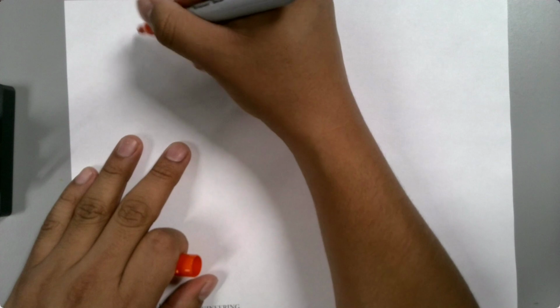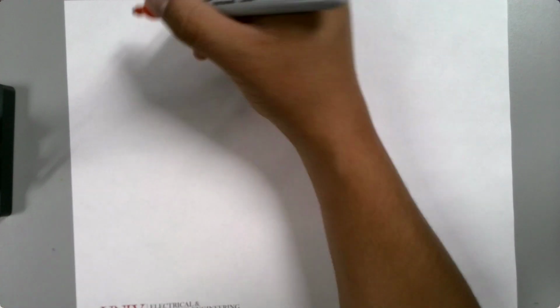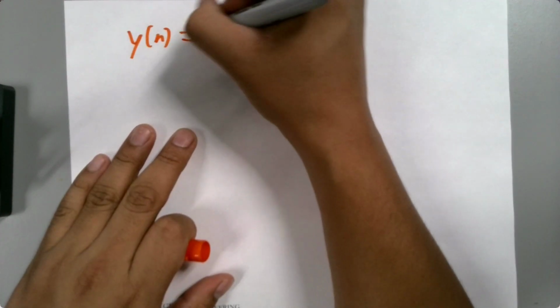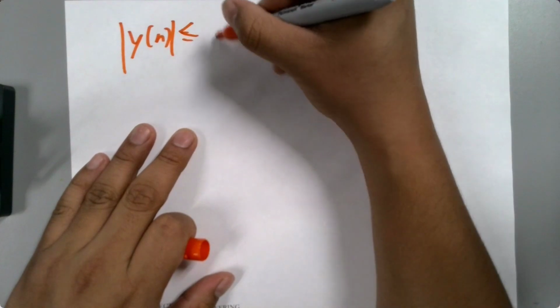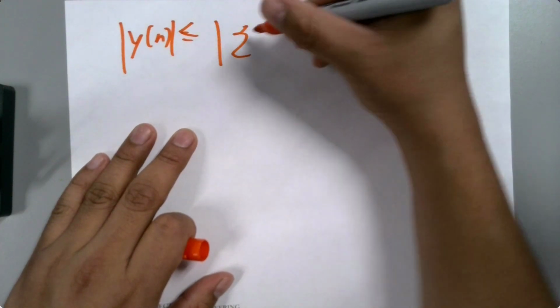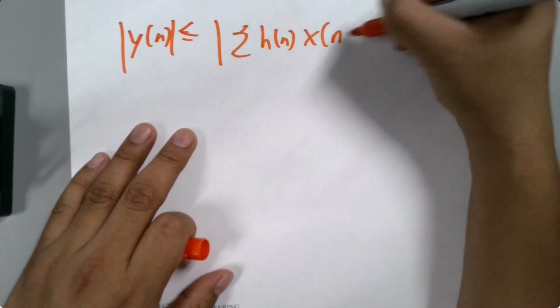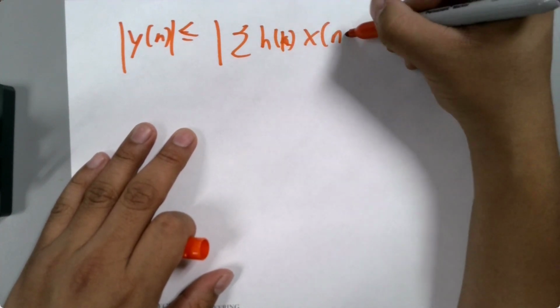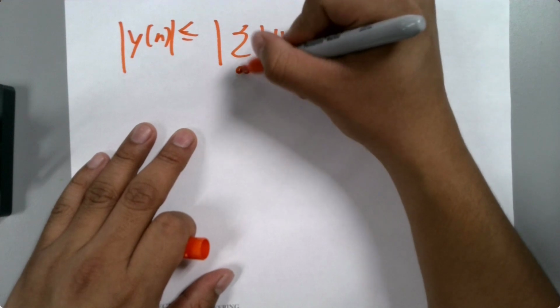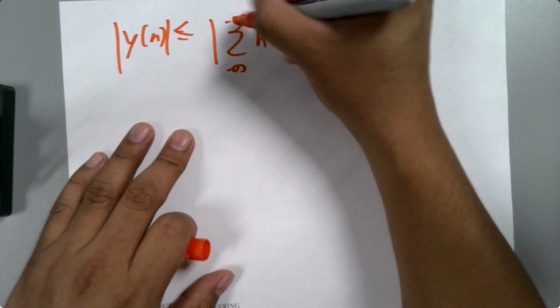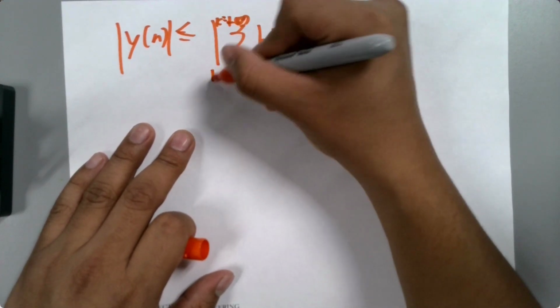Now exercise 2. So how do you prove that this system is stable? y of n is equal to the sum of h of k, x of n minus k, k positive.